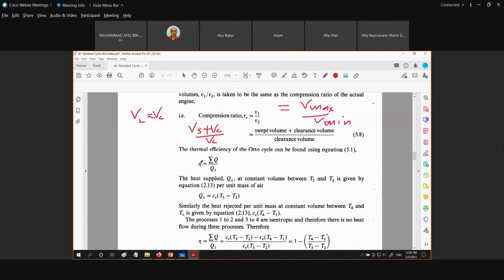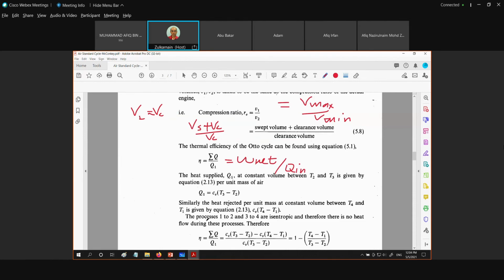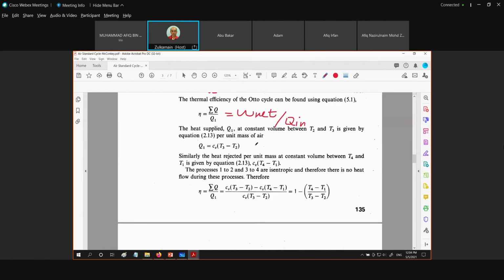And to find out what is the efficiency of Otto cycle, this is W net divided by the Q in. This is our Q in, Q23.